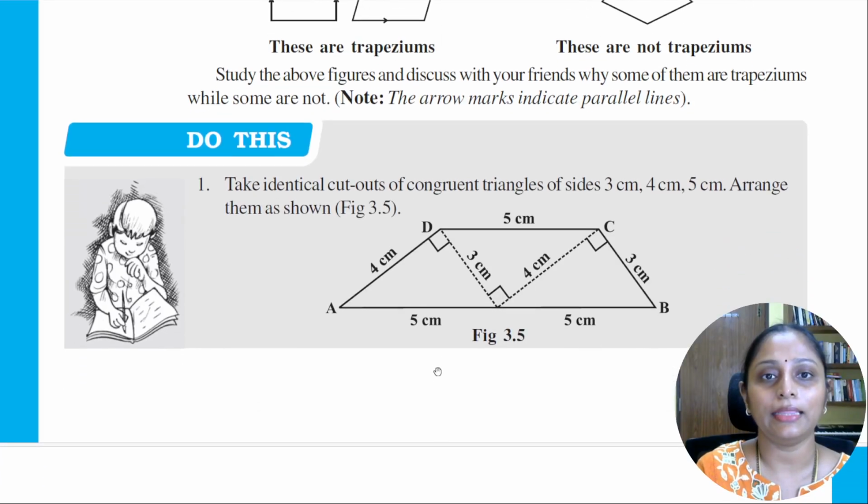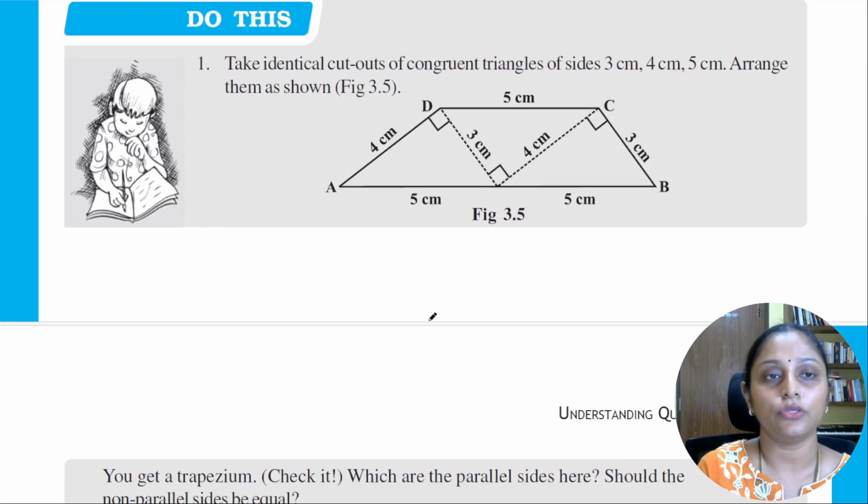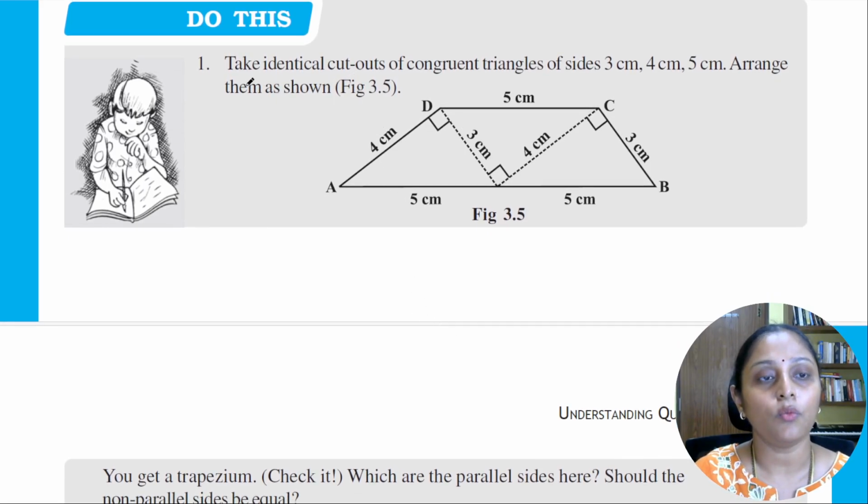Now here they have given us an interesting activity, so let us do this activity. What we are going to do is take identical cutouts of congruent triangles of sides 3 centimeters, 4 centimeters and 5 centimeters and arrange them as shown in this figure.